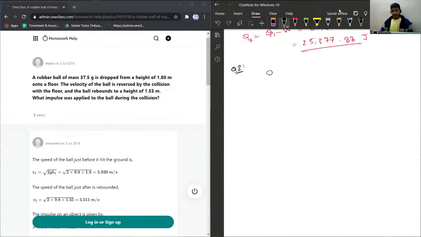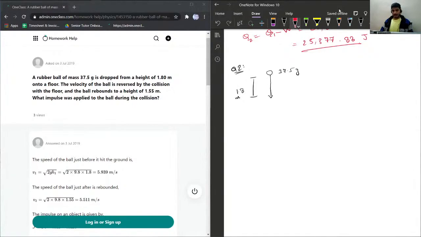So we have a ball of mass 37.5 grams. First it is dropped vertically downwards, and this distance is 1.8 meters. So in this case, first I will apply the principle of energy conservation.